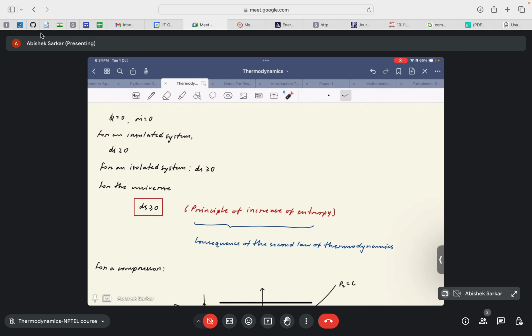So for the universe we will have that ds is greater than or equal to 0, and this is known as the principle of increase of entropy. This principle of increase of entropy is the direct consequence of the second law of thermodynamics.